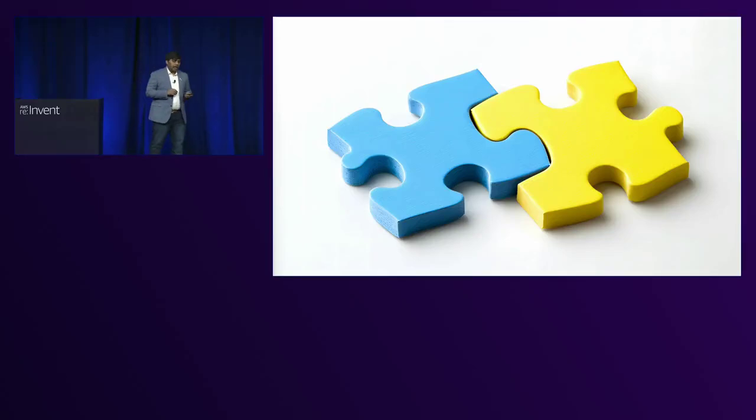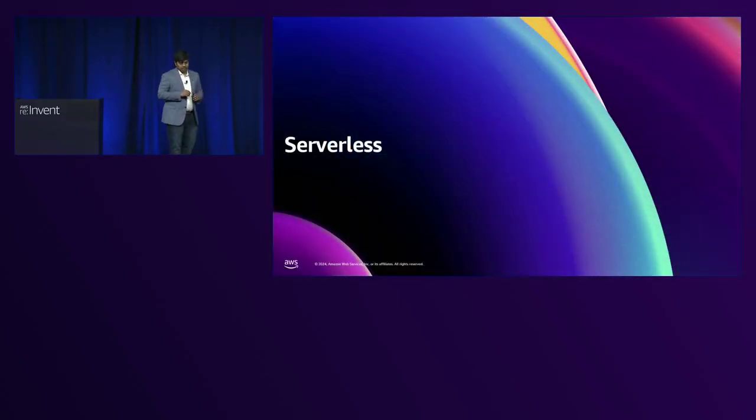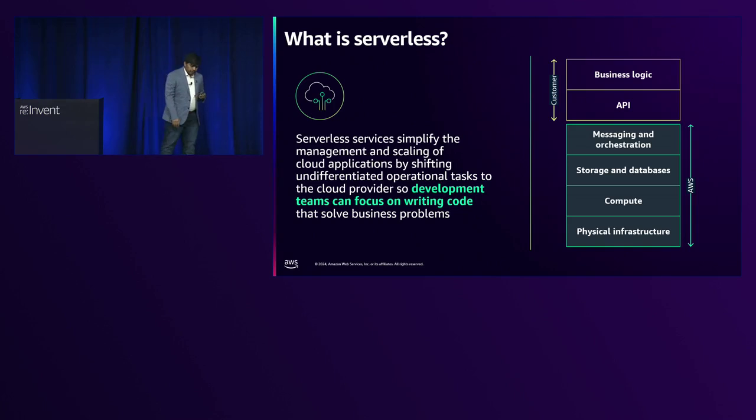That is exactly where AWS serverless services come into the picture, which helps you rapidly address the infrastructure side of things so that you can leverage these building blocks and prototype quickly. So what is serverless? Serverless helps you focus on what matters to your end customer, which is where you solve the end customer problem, which is the business logic, those APIs.